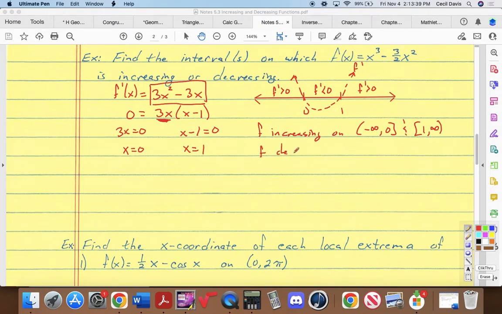And f is decreasing on the closed interval from 0 to 1. All right, let's move on.